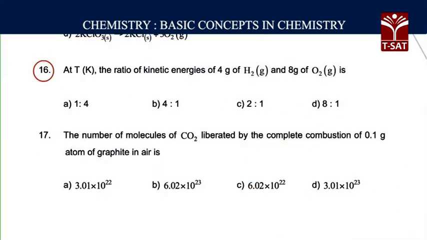For the 16th question, at a T Kelvin, the ratio of kinetic energies of 4 grams of hydrogen gas and 8 grams of oxygen gas is. The kinetic energy of a gas is calculated by using the relation 3/2 nRT.